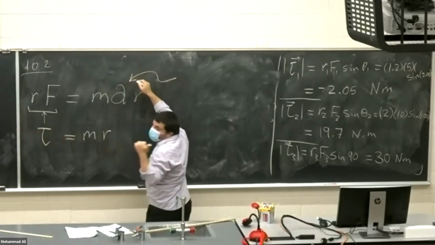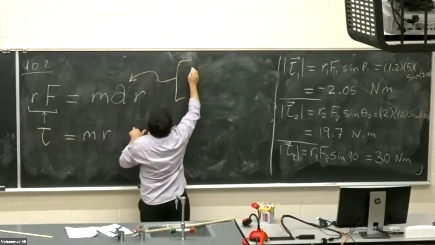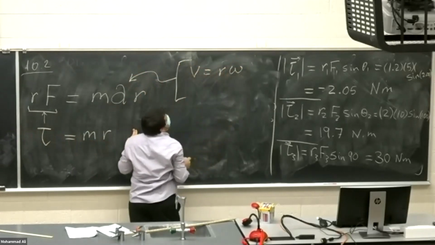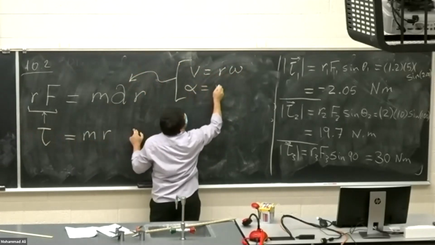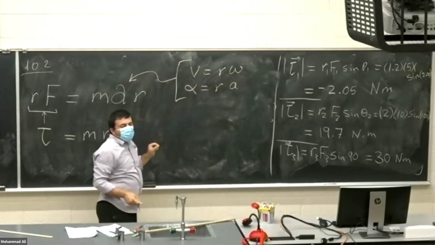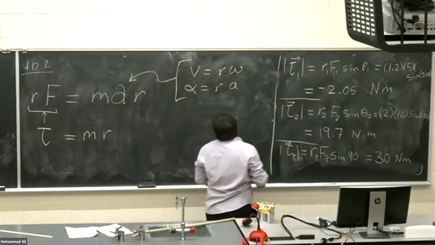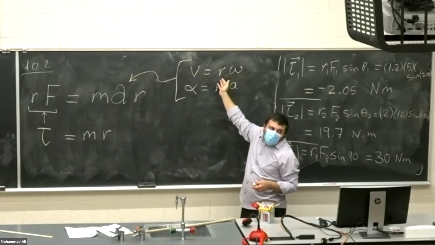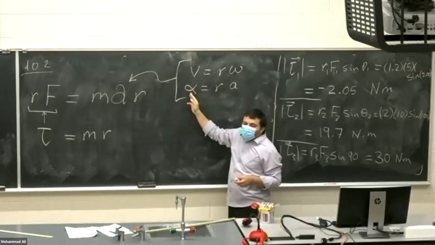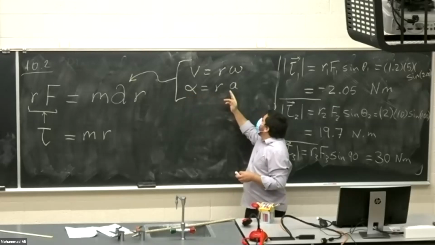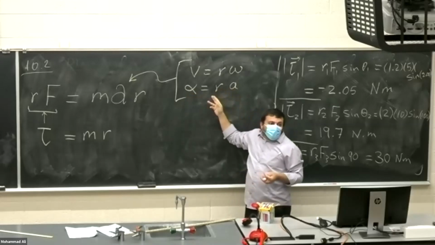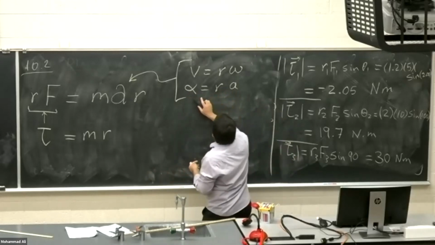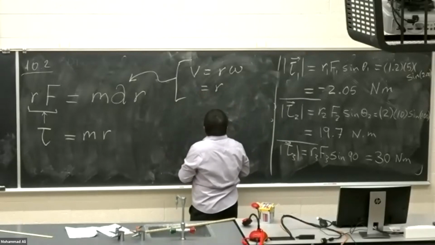But from before, we know that V is equal to R omega, and A is equal to R alpha. We convert between the velocity and the angular velocity by multiplying by R, and between linear acceleration and angular acceleration by multiplying by R. This is A, this is alpha.